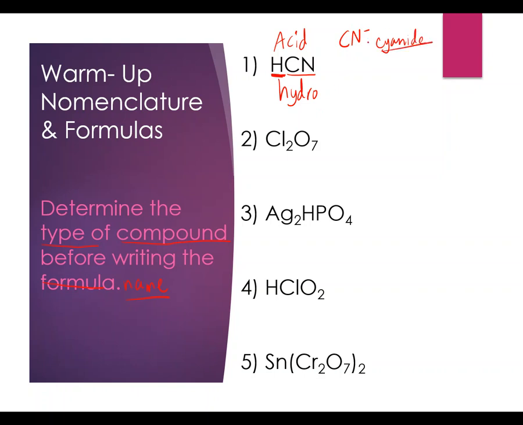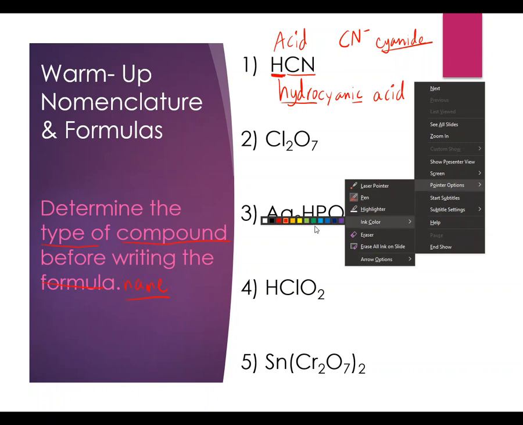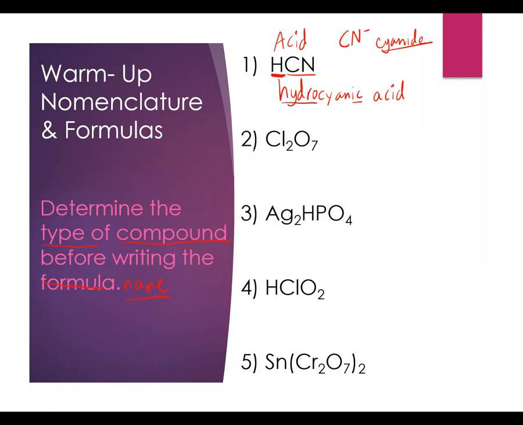So we're going to take the beginning part here and put cyan, change the ic, hydrocyanic acid. That would be the name of this one. Very good. Exactly right. Let's go blue.